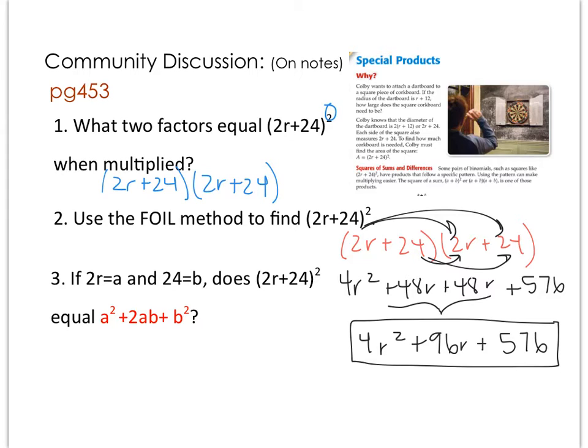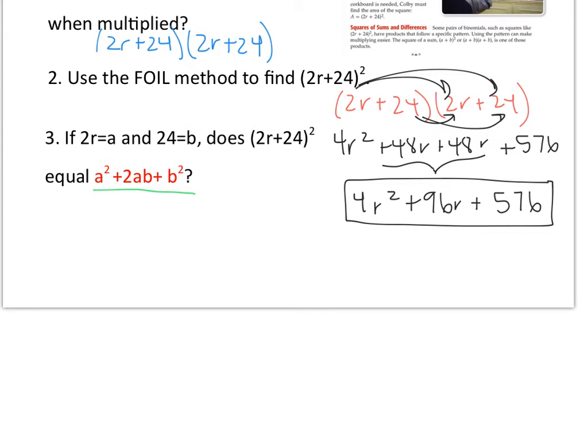Question 3 now says, if 2r equals a and 24 equals b, does 2r plus 24, the quantity squared, equal a squared plus 2ab plus b squared? Well, let's go ahead and substitute in 2r for a, so what that looks like will be 2r, the quantity squared, and then for b I'm going to plug in 24. So if I have 2r squared, I distribute the 2 and I get 4r squared.